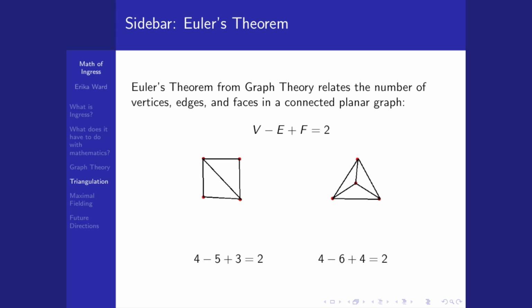Okay. And so he found out and proved that there's a formula that relates them, and it's the number of vertices minus the number of edges plus the number of faces is always 2. So we've got a couple of examples up here. How many vertices over here? 4. With, we counted them before, 5 edges. How many faces?